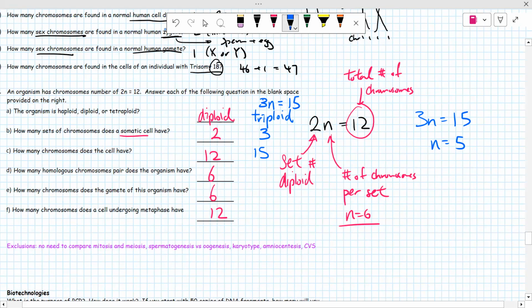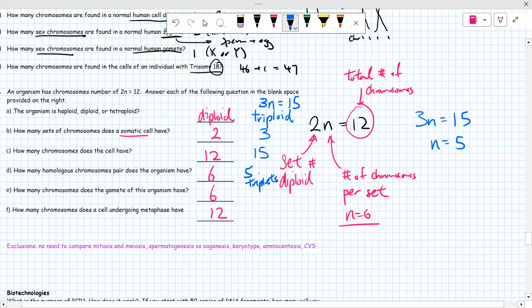This wouldn't really be appropriate because it's no longer a homologous pair. We have 3 sets, so it's more like homologous triplets. On the test, I'm obviously going to rephrase it accordingly. So this one would have 5 triplets: 1, 1, 1, 2, 2, 2, 3, 3, 3, like that.